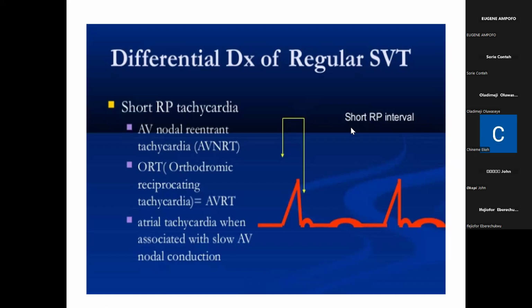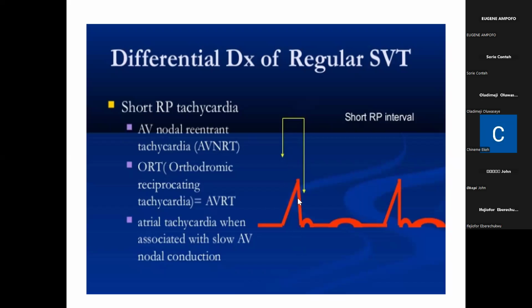All right. So that you can see the reason why the typical form of AVNRT will have a short RP interval, simply because the fiber carrying the electrical activity to the atrium is the fast pathway. The slow pathway is carrying it to the ventricle. But remember that the problem started from the slow pathway.